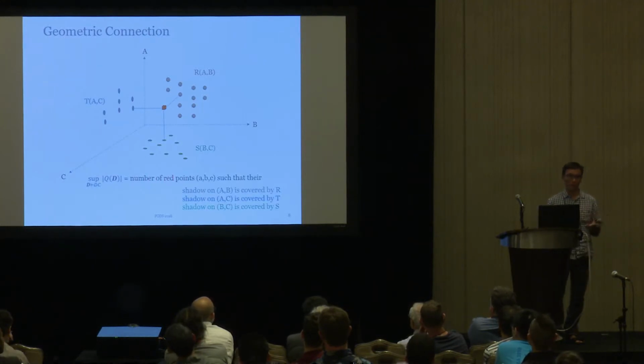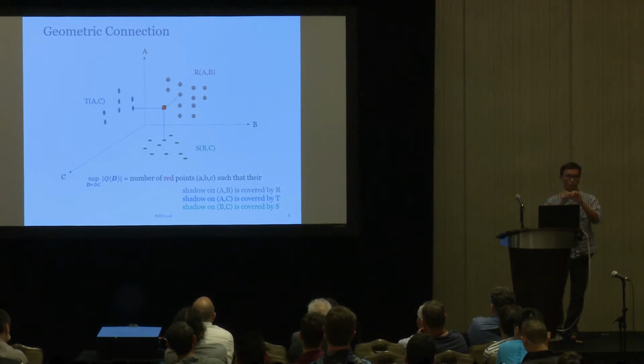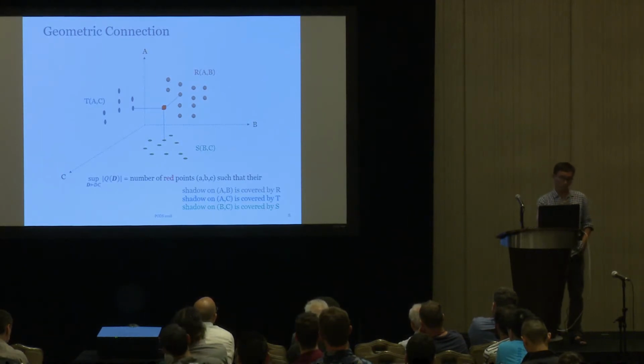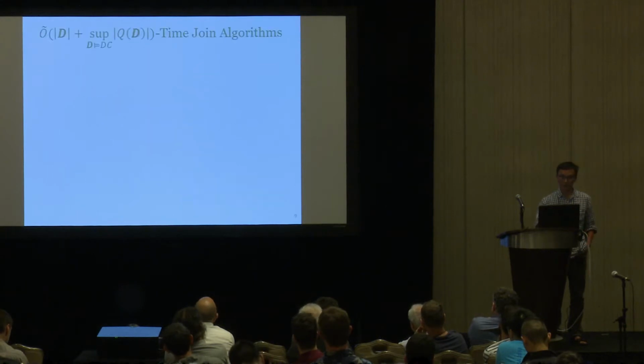In case you haven't thought about this idea before, a join problem is basically a geometric problem where, in a triangle query, you want to find the red points whose projection on the AC plane is covered by the T relation, on the AB plane is covered by the R relation, and so on. So it's highly geometric, and if you generalize this idea from the discrete measure to the continuous measure, you will get the volume of a convex body in 3D space and so on. Okay, so that's the geometric connection in case you are curious.